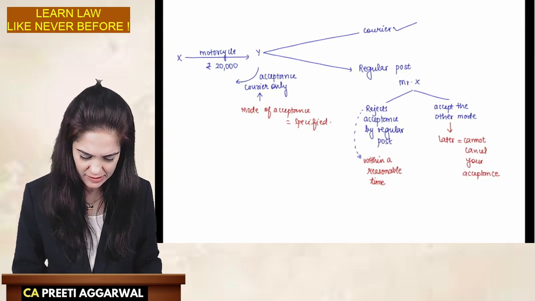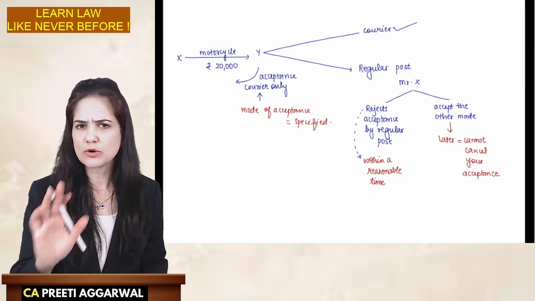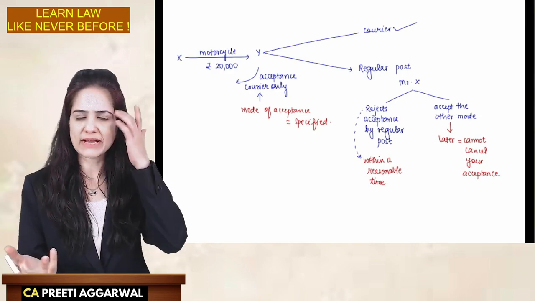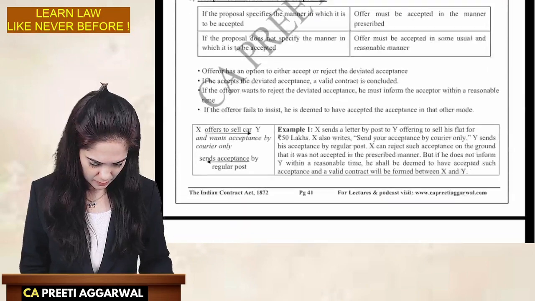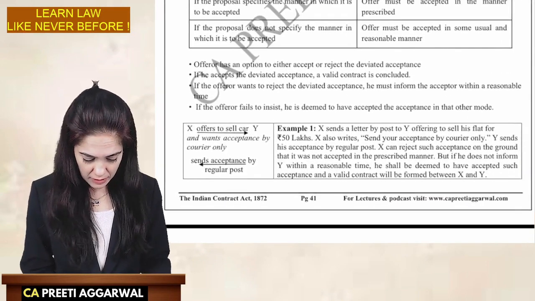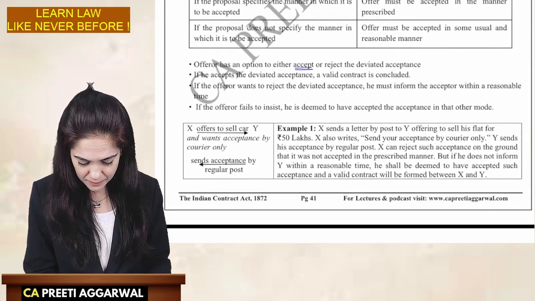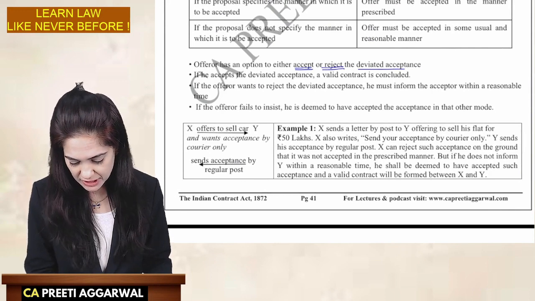We have discussed this. So it must be in the mode specified. Otherwise, the offerer has an option either to accept or reject the deviated acceptance.